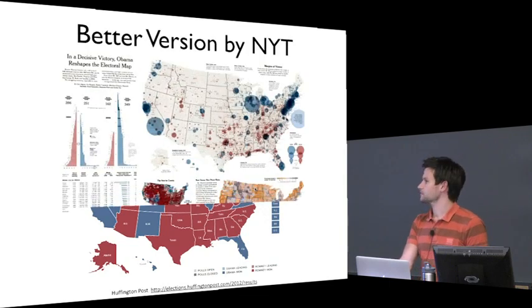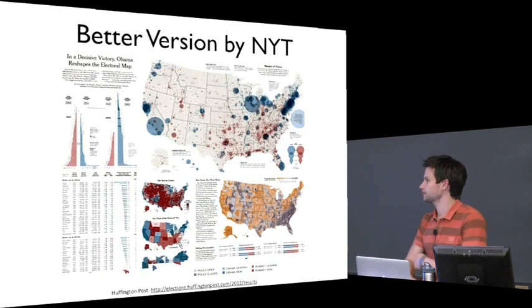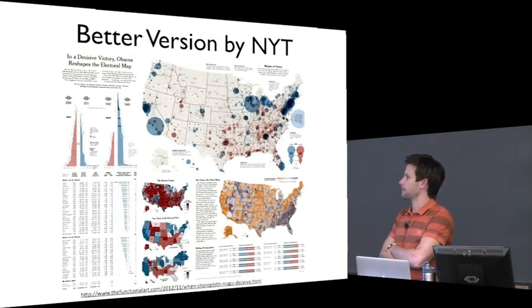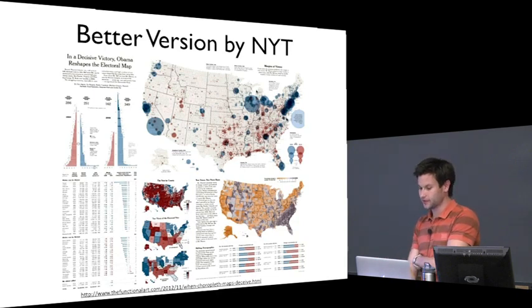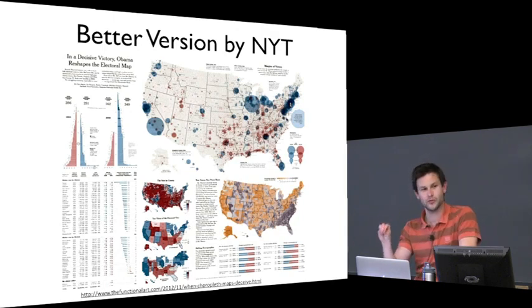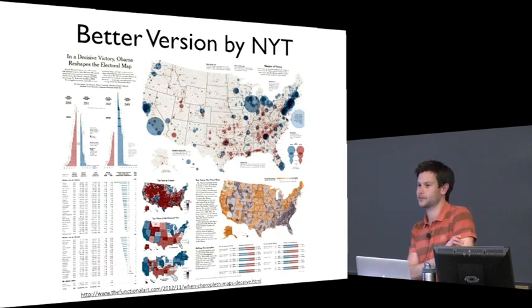And the New York Times, as I said, they really have a great graphics department. They hired some of the best people in our field. They actually made it better. They just changed the size of the dot according to the population in that part of the country. So you have lots of people living here in LA, lots of people living in New York, Boston, and so on, so they should really contribute more to the visual impact of this figure.